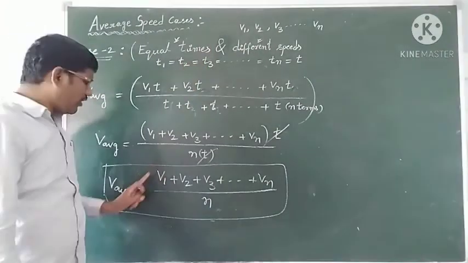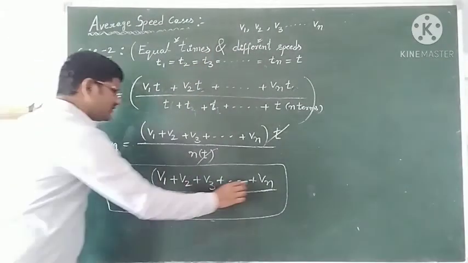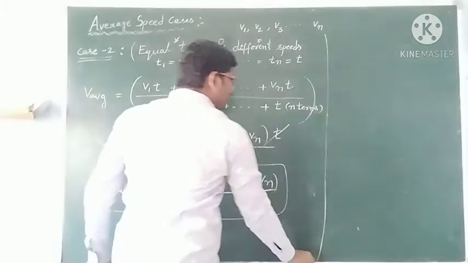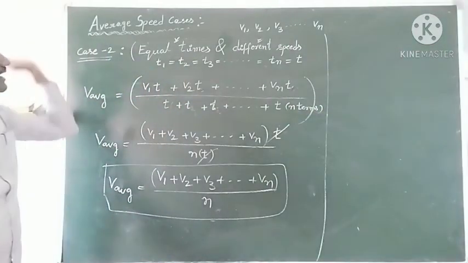So sum of all the speeds by number of the speeds you are writing. How many number of speeds do you have?